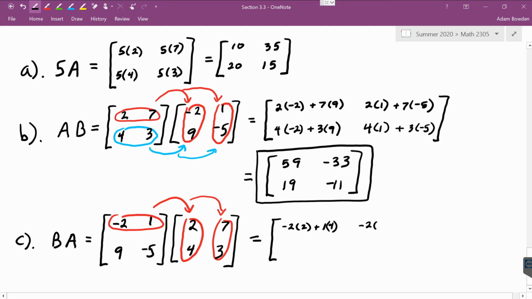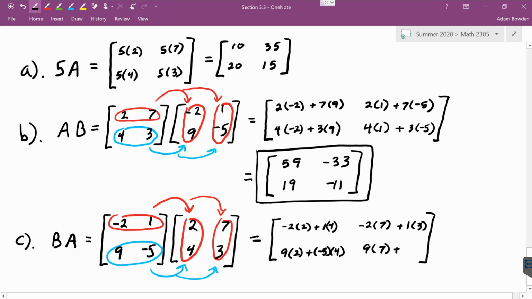It's going to look like negative 2 times 7 plus 1 times 3. And then if we take the second row, do the same with the two columns, we'd have 9 times 2 plus negative 5 times 4. And then 9 times 7 plus negative 5 times 3. So the result we would get here is the matrix 0, negative 2, negative 11, and 48.